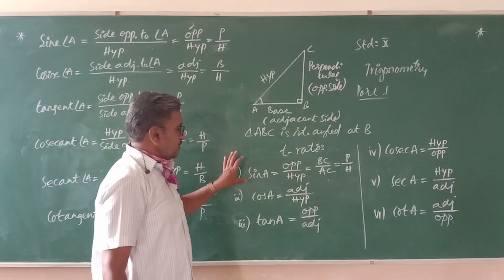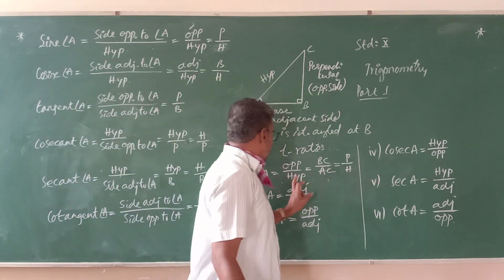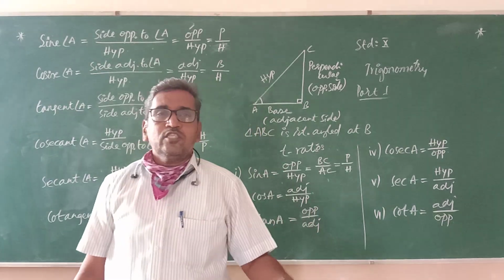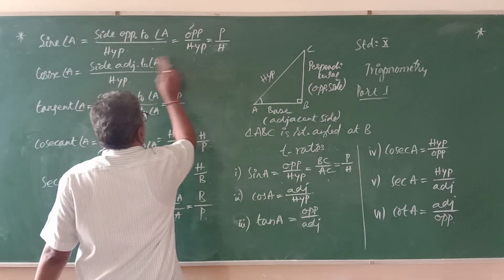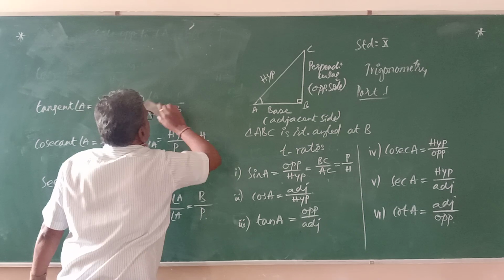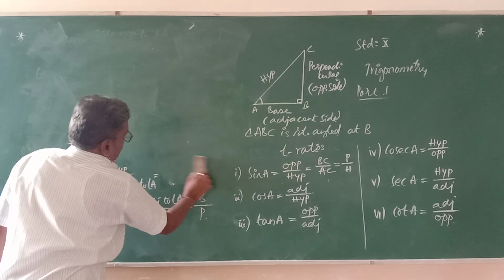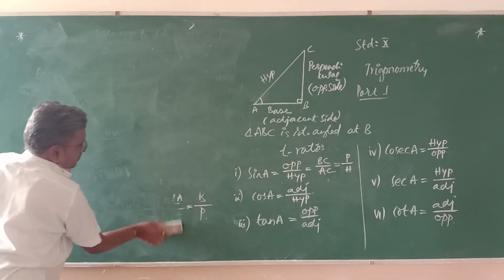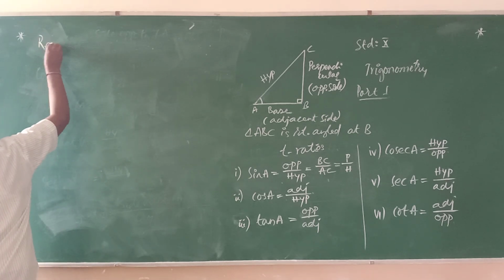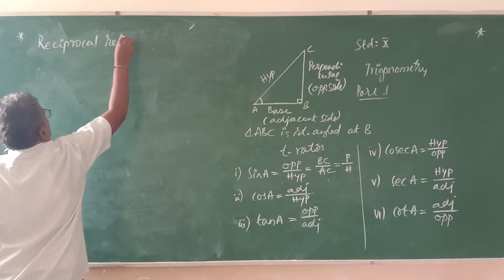So now by observing this, sine A is equal to opposite by hypotenuse, and cosec is hypotenuse by opposite. So they are said to be reciprocal relations.